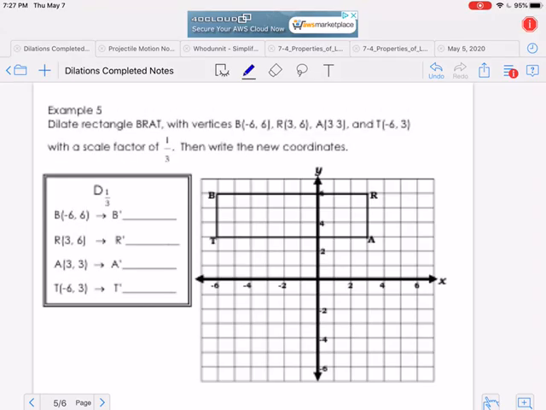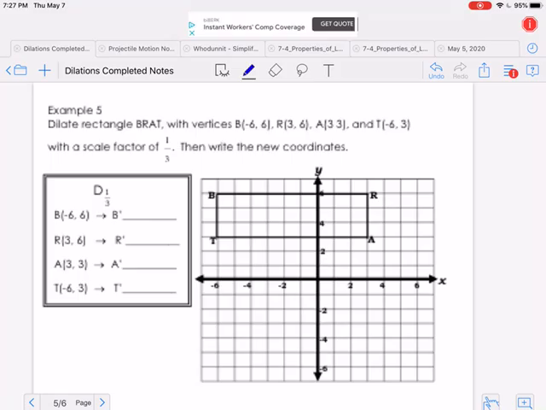All right, last example. I want you to go ahead and pause the video here. Try this one on your own. So you're taking BRAT, that rectangle, which is already drawn for you, and the points are listed, and you are dilating this by a scale factor of 1/3. So you're going to take every number and multiply it by a third, then write the new coordinates and also graph it.